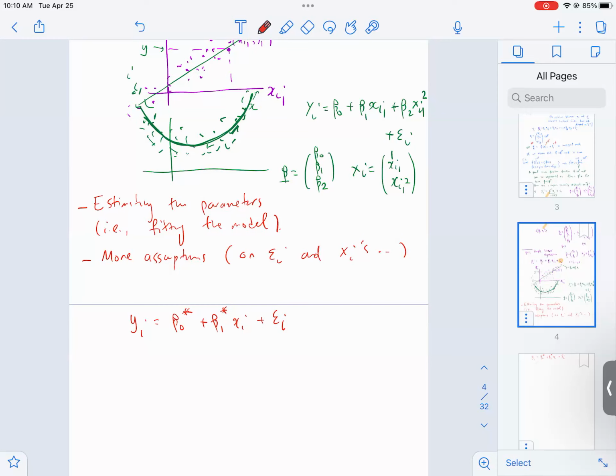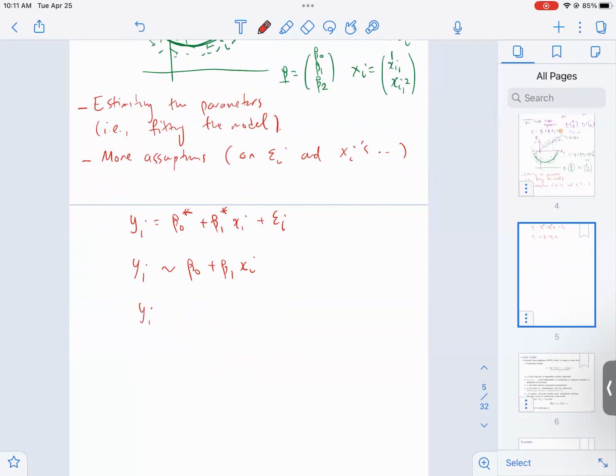What I get to see is xi and yi. I assume they satisfy this relation, maybe with some assumptions on the noise. Then there's the regression model that I impose, beta 0 plus beta 1 xi. In this model, beta 0 and beta 1 are up to me; I can vary them. The error in this case would be the difference between these two things.